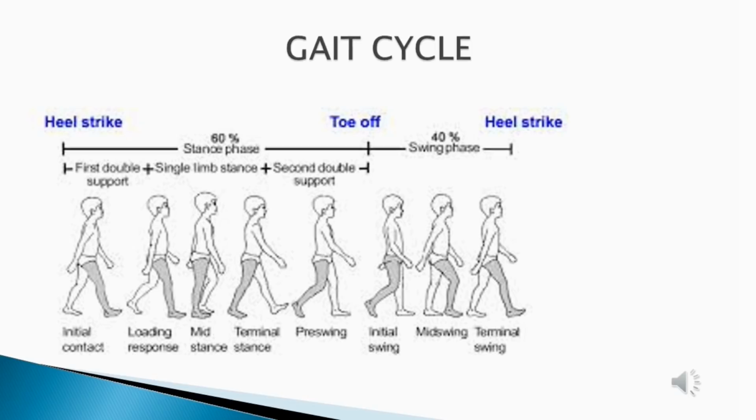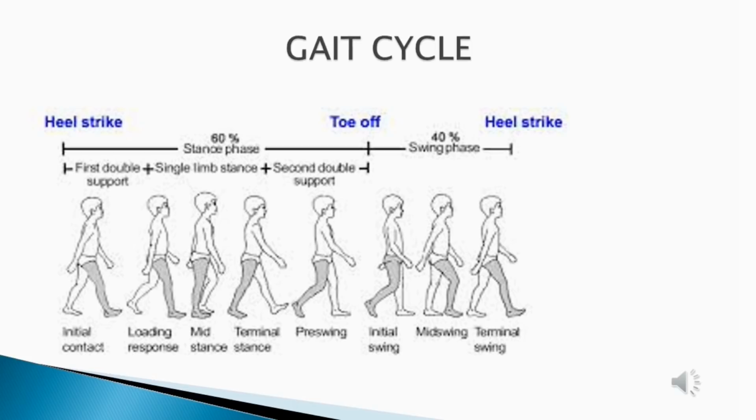So the pre-swing phase of gait initiates the swing phase of gait. Now the swing phase of gait itself has three basic subphases. And by the way, these are just basic subphases. The gait itself, of course, has been analyzed down to the millisecond. And these are just three gross phases throughout the swing phase.